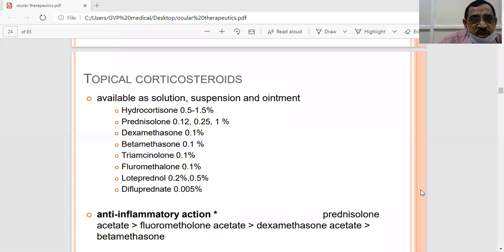So anti-inflammatory action of prednisolone acetate is greater than fluorometholone acetate, greater than dexamethasone acetate, and then betamethasone, in descending order. Prednisolone has the maximum anti-inflammatory action, but prednisolone acetate's permeability is less when compared to dexamethasone.